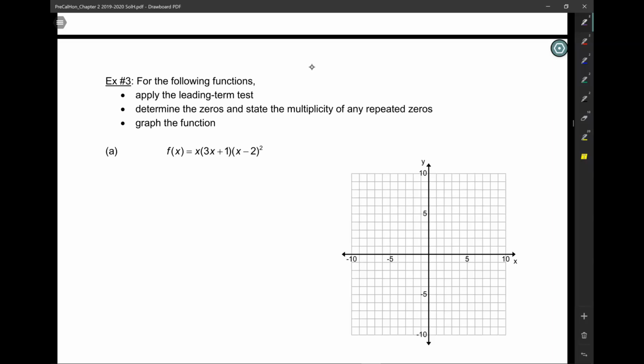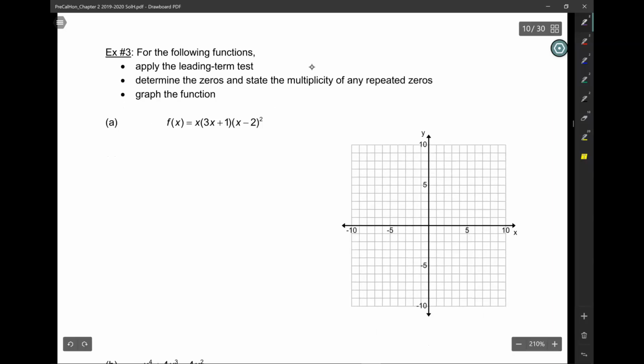First, you have to use the function in both ways. This one has been factored for us. Sometimes you will get the function in standard form, then you have to factor it. So for the leading term, you need the unfactored one, and for everything else, you need the factored one. So you need both.